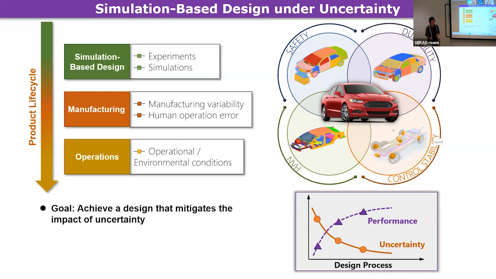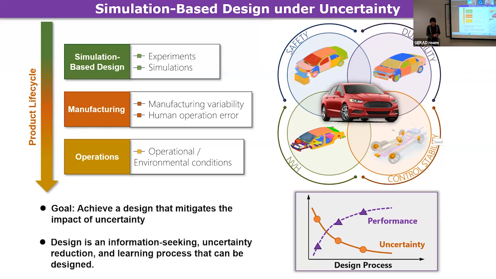But at the same time, what got me very interested in this uncertainty area is viewing design as a process in which we keep optimizing our performance while reducing the uncertainty. So to some extent, design by itself is not just determining an optimized artifact. It is also an information seeking process in which we continuously allocate resources for uncertainty reduction. And that actually became an important part of my work.